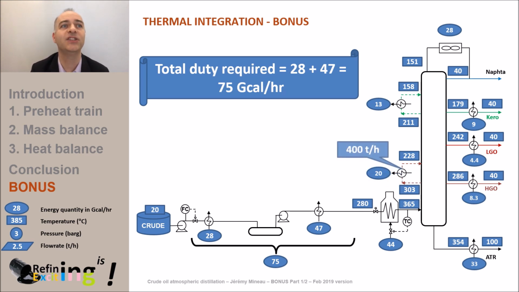And in this case, 20 gigacalories per hour was recovered on the bottom pump around flux from 303 degrees C to 228 degrees C. Same thing for the top pump around with an energy quantity of 13 gigacalories per hour for a temperature from 211 to 158 degrees C.